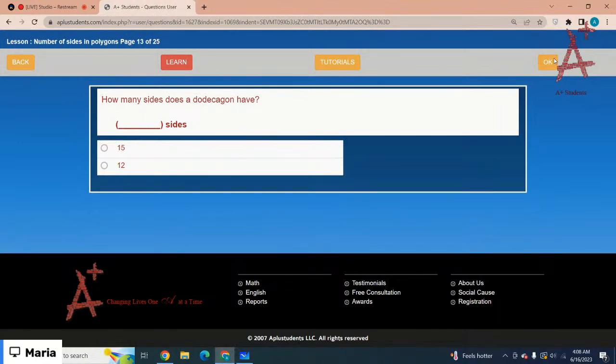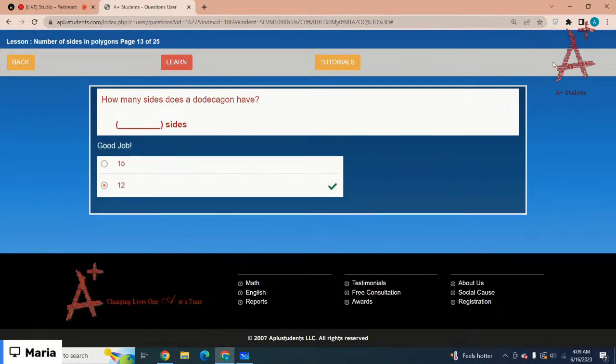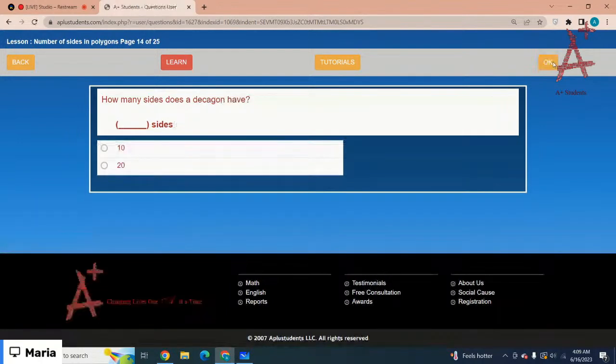How many sides does a dodecagon have? A dodecagon has, I think, 12. Not sure. Yes, it would be 12.